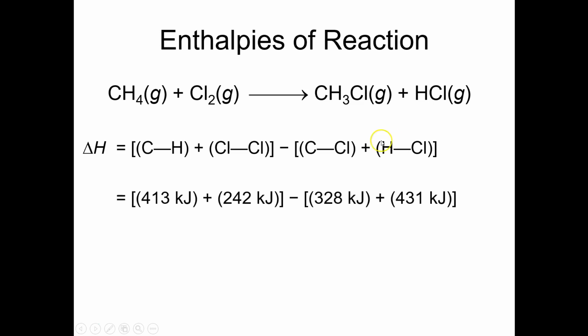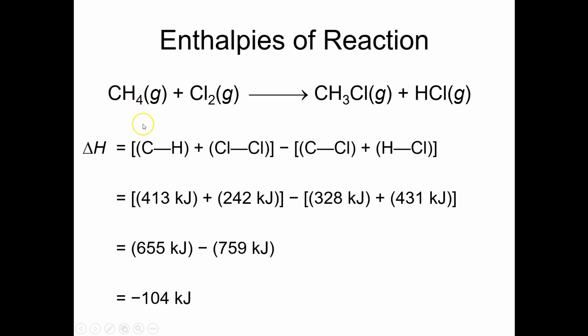If we went back to the table, we can just substitute in these values. Again, in a problem, you would be given these values. You're not expected to know them. And when we evaluate that, we get 655 minus 759, and we get a delta H for the reaction of minus 104 kilojoules.